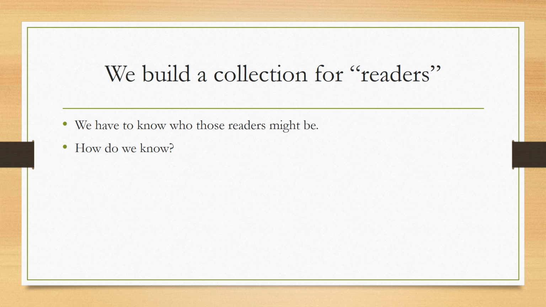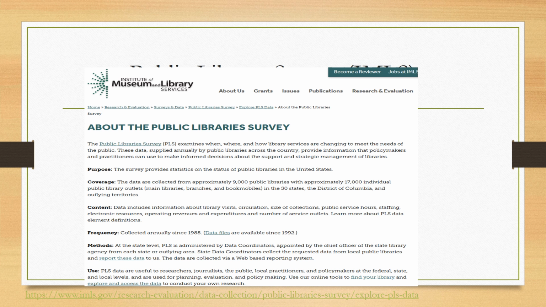We build a collection for readers. We have to know who those readers might be. How do we know? We have to look at things like demographics. And one important way to do that is with the public library survey that's done every 2 years.